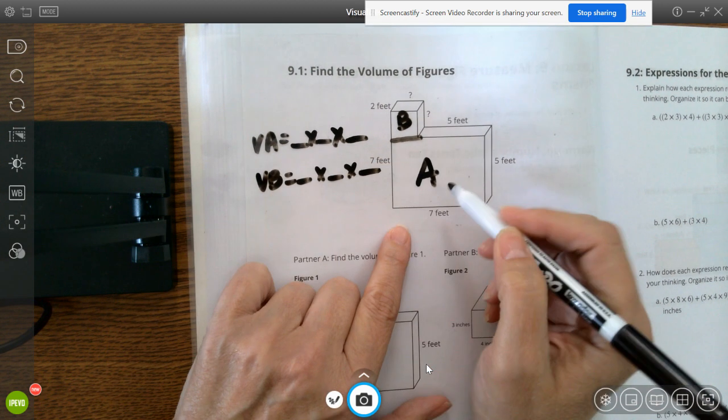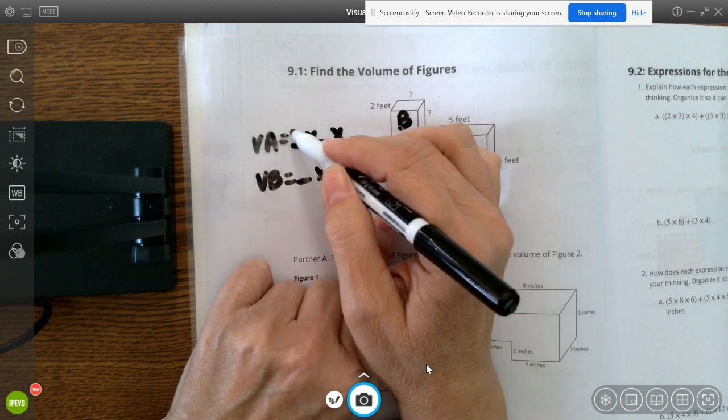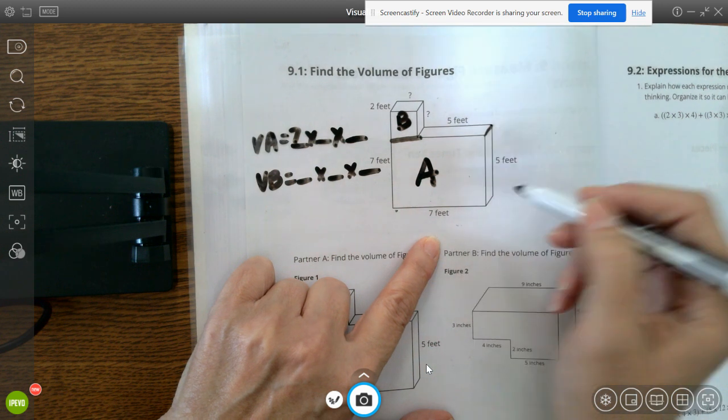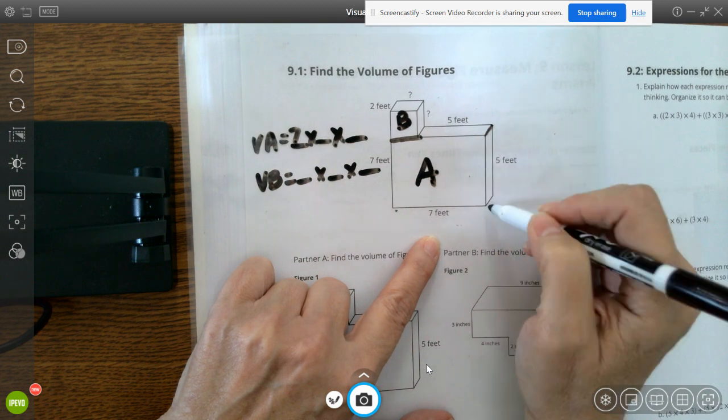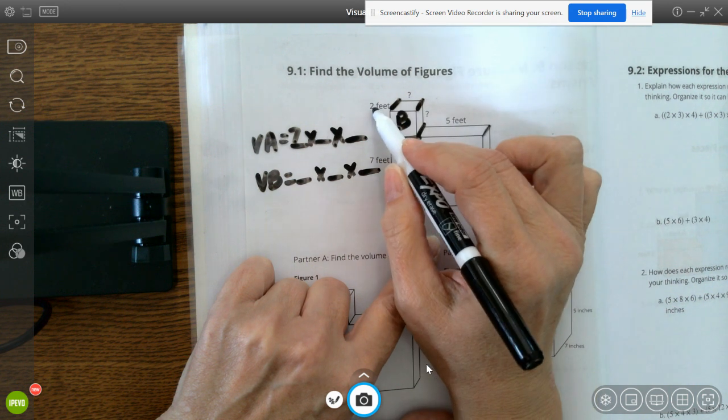I look at this figure A and I see the across is 7. I write that down. I see the diagonal right here. It doesn't tell me what it is, but all the diagonals are the same amount. And I can see 2 feet right here.